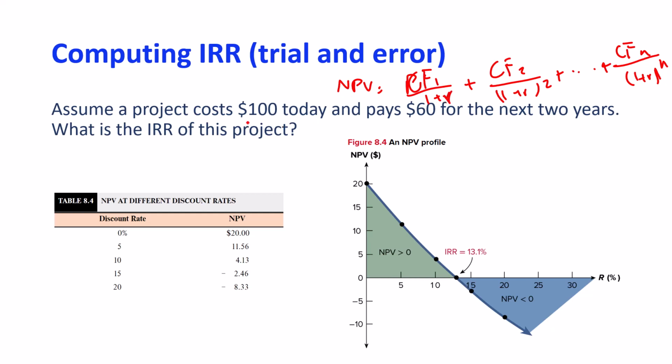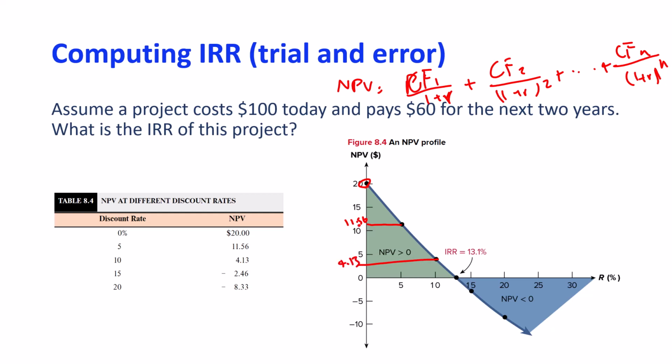For example, if we have a project that costs $100 today and pays $60 in each of the next 2 years, then if the discount rate is 0, the NPV of the project would be $20. At 5%, the NPV would be 11.56. At 10%, you'll have 4.13.